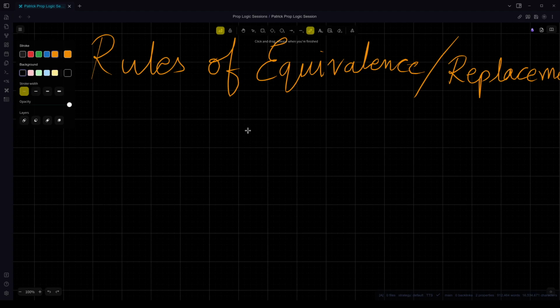Whenever you are doing some kind of substitution or replacement, just like you say this is true by modus ponens, you can also say this is true by some replacement rule.